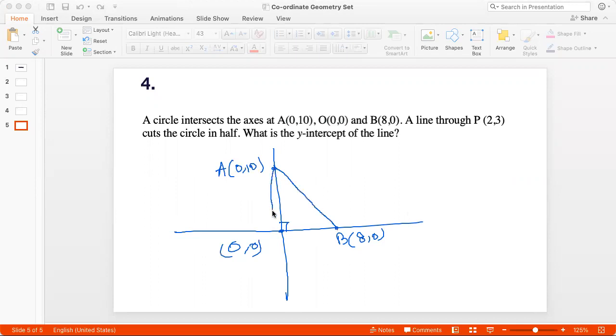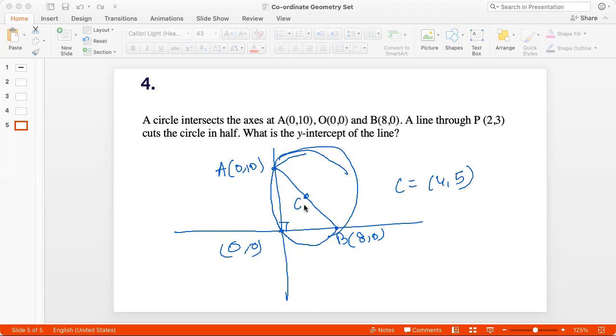Because if it is intersecting these 3 points, then I can see that this will be the diameter, because the angle in a semicircle is 90 degrees. And since this is 90 degrees, AB becomes a diameter, which means that the center of the circle will be the midpoint of AB, which was 4, 5. Let this be C. So this is 4, 5, right?